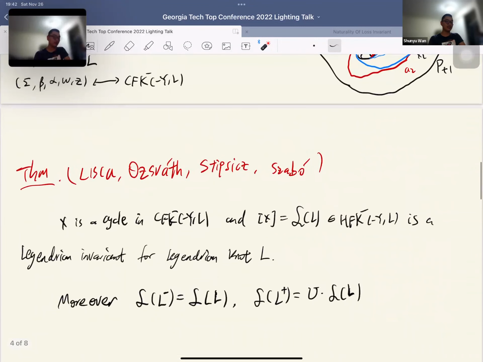By the theorem of Lipshitz, Ozsváth, and Sarkar, x is a cycle in CFK minus of minus Y, L, and the homology class of x, the loss invariant of L, is a Lagrangian invariant for the Lagrangian knot L. Moreover, the loss invariant of L minus, where L minus is the negative stabilization of L, is equal to the loss invariant of L. And the loss invariant of the positive stabilization is equal to U times the loss invariant of L.